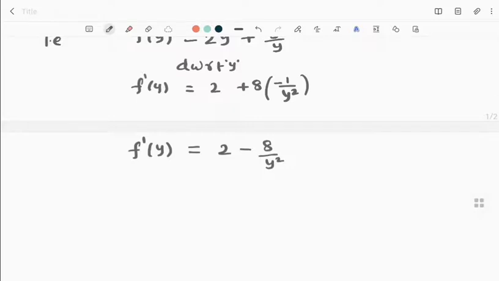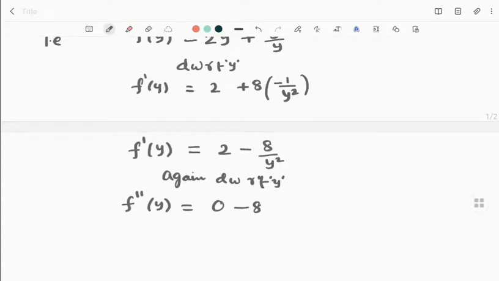After that, second derivative also we need to check to get maxima or minima value. F double dash, again differentiate with respect to y. So f double dash of y is equal to constant derivative 0 minus 8, constant you can take outside. 1 by y square will become y power minus 2.